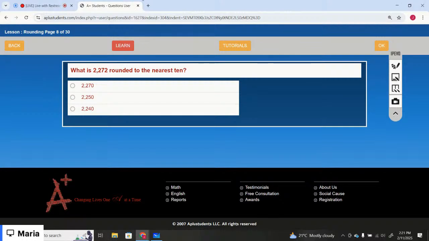That is 2270. Option number 1 is the correct option. Hope you can complete the lesson by yourself later today. Let me just move on to the next lesson.